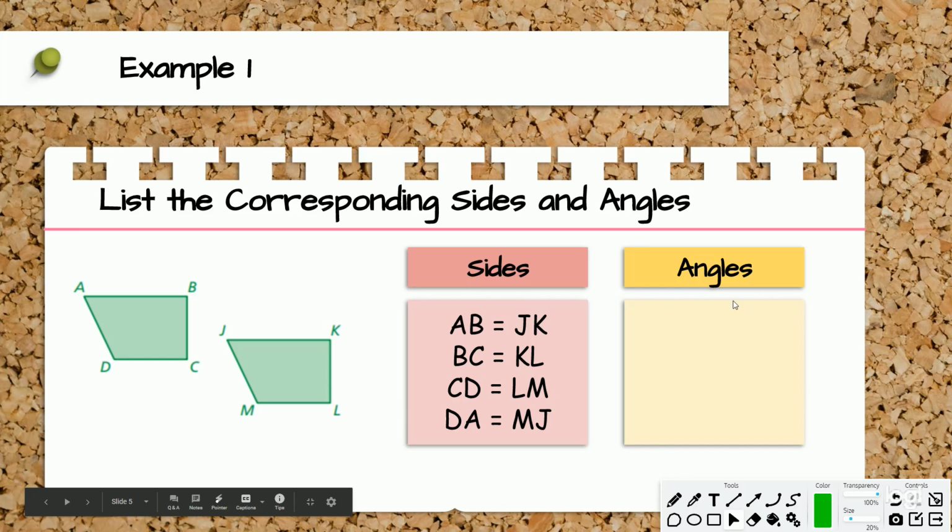So now that we have the corresponding sides done, we did every side, now we're going to move on to the angles.